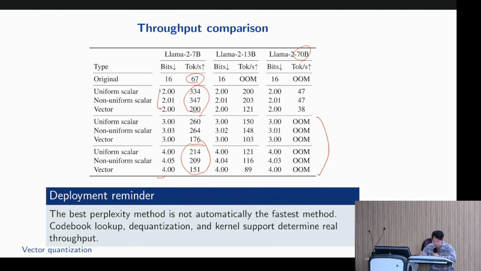And the trade-off: is vector quantization always better than non-uniform scalar quantization? Yes and no. It's more accurate to do vector quantization, but codebooks are bigger, and the throughput, if you compare these two numbers, is smaller. So you can be more accurate, but the throughput is going to be smaller.